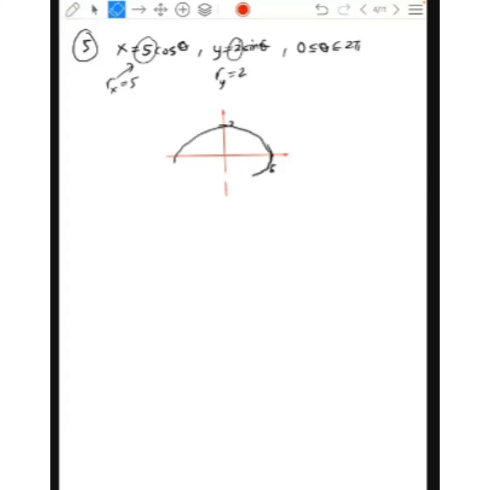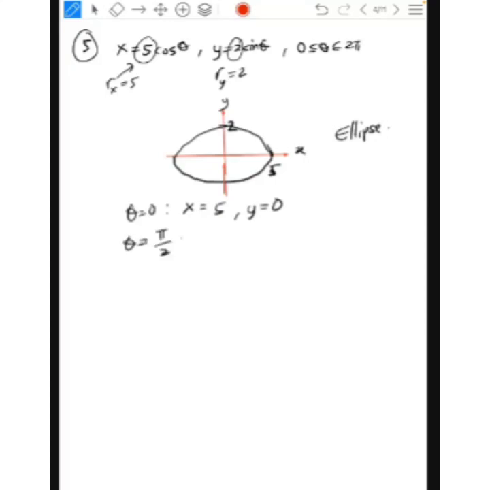Draw your ellipse nicely. So just now, what was it? This is 2, this is 5. Okay, so this is an ellipse. Now to find the orientation again, if theta equals 0, then I have x equals 5, y equals sine 0, which is 0.